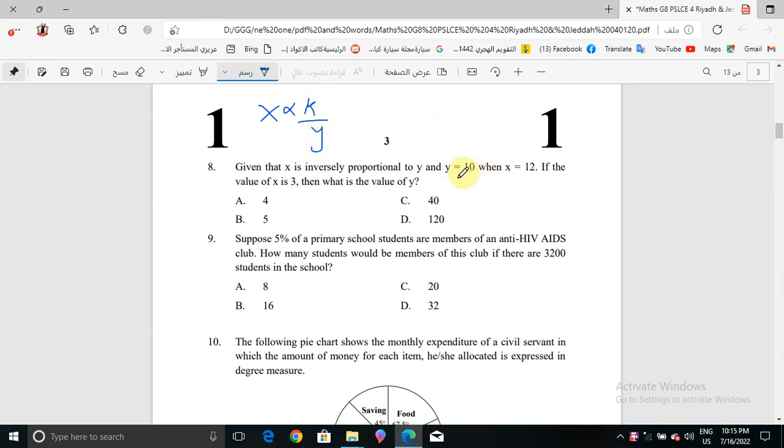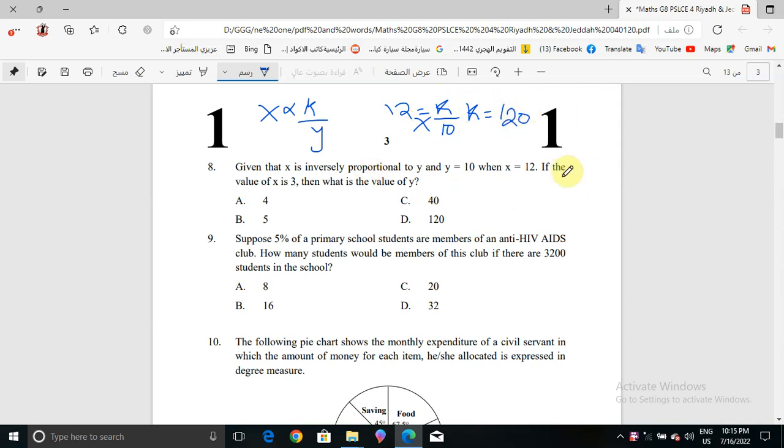Then we have in place of y 10 and in place of x 12. So that means 12 is equal to k over 10, right? Then crisscross to find k, then k is equal to 120, right?